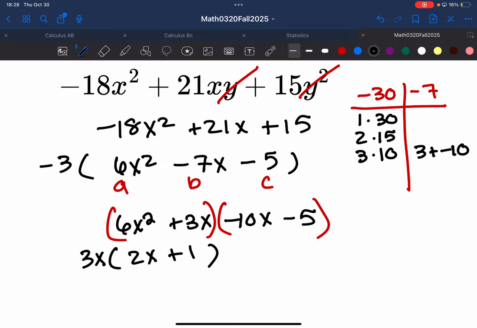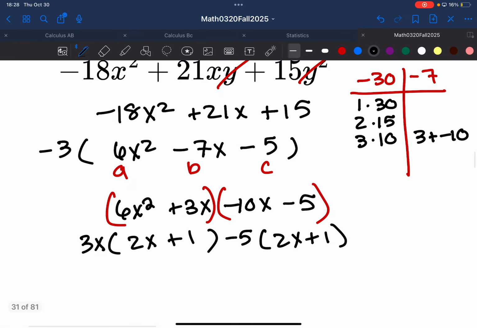Negative 5, because we want to have 2x plus 1. So then we had 2x plus 1, and I'm going to leave a little gap right here, and then we also had 3x minus 5, with a little gap at the end.